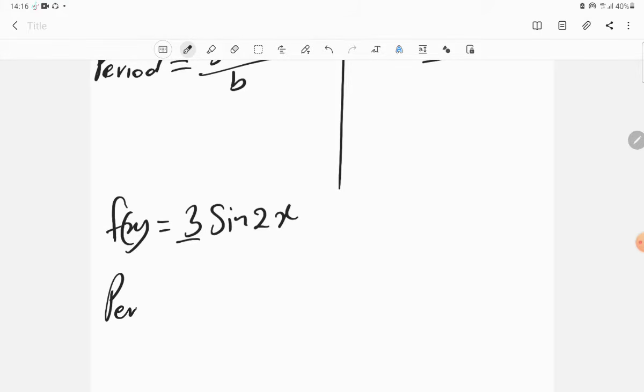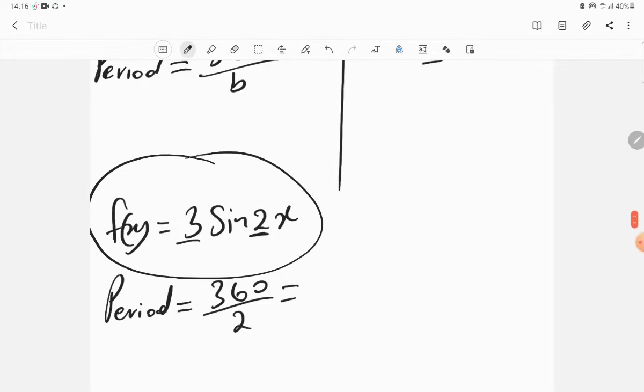You just put 360 divided by whatever value multiplies the angle there. So divided by 2. The period of this f(x) is going to be equal to 180, because 360 divided by 2 is 180 degrees.